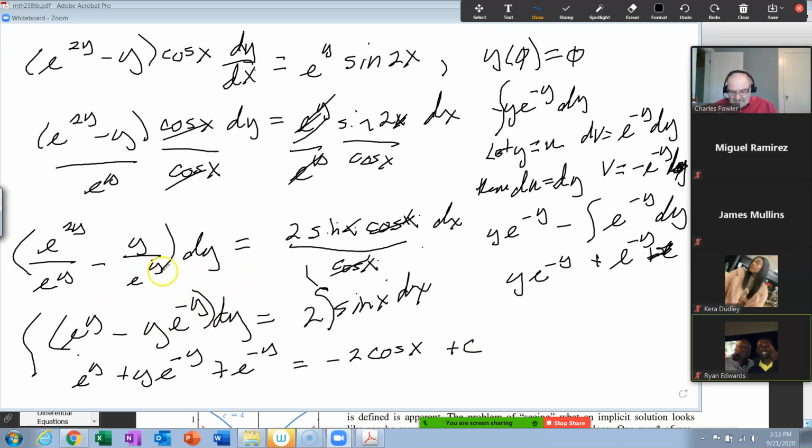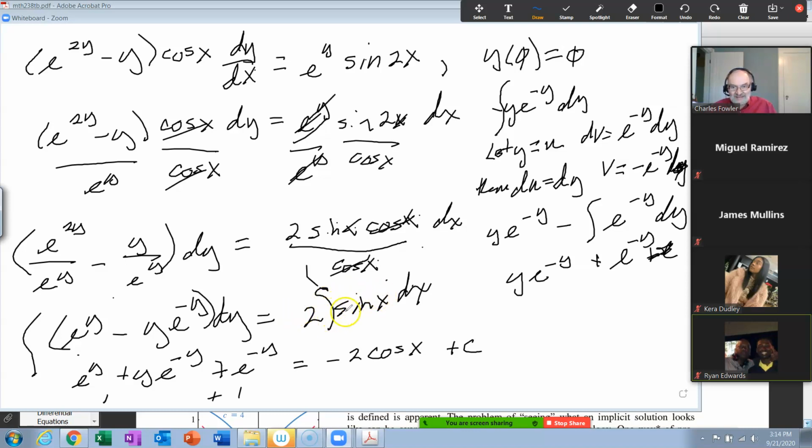So that gives us e to the 0 is 1, plus 0 times e to the 0 is still 0, plus when y is equal to 0, e to the minus 0, which is 1 over e to the 0. e to the 0 is 1, so that's just going to be another 1. So the left-hand side adds to be 2.